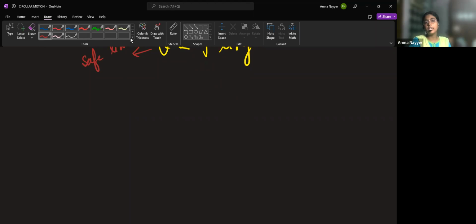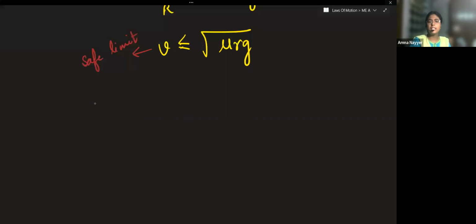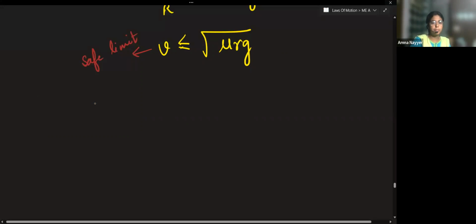Then it has to be 4.9, 4.8, 4, 3, like this. But if it crosses it, 6 meter per second, 5.5 meter per second, then the safe limit is exceeded. So the maximum safe limit is under root mu r g. Let's see a question based on this.